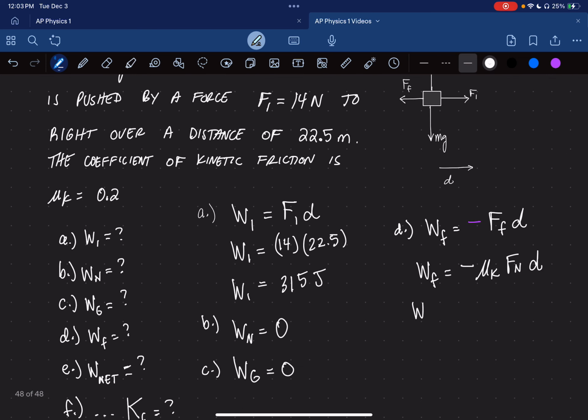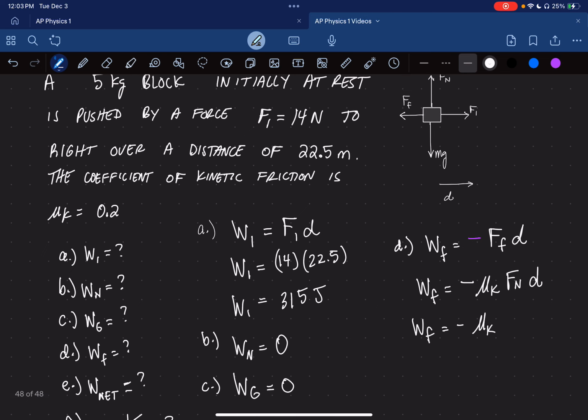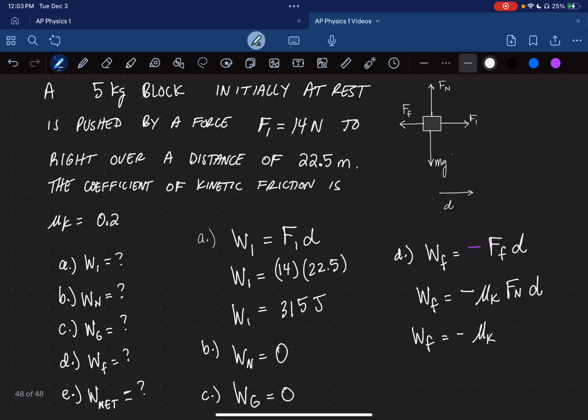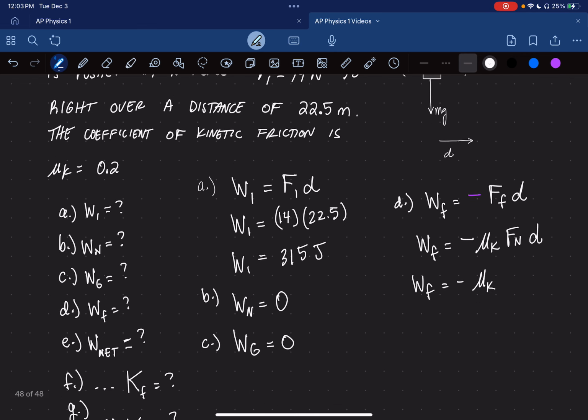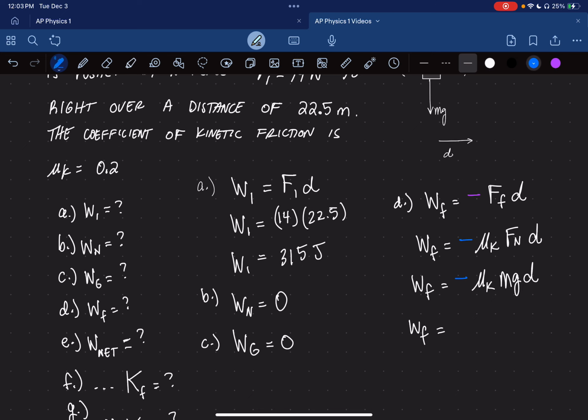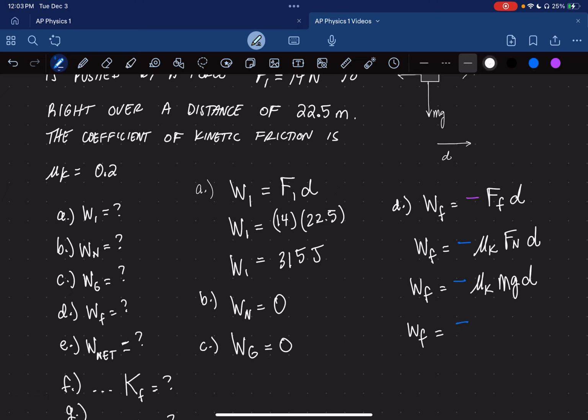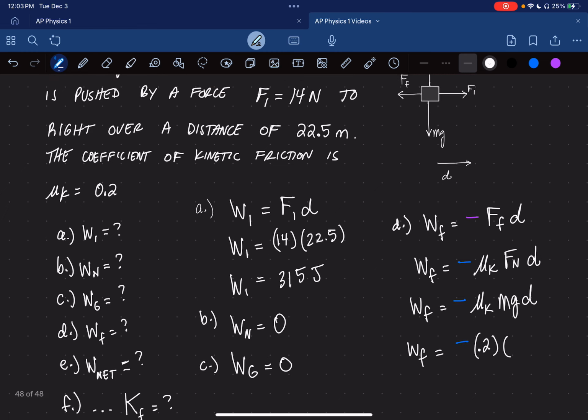And so we continue. We don't know Fn, not exactly, but we do know that it is equal in this case to mg. By the way, it is not always equal to mg. And I do this in a different color so we can remember that there's a negative there. And so we have negative, mu sub k is 0.2. mg, what's the mass of this thing?